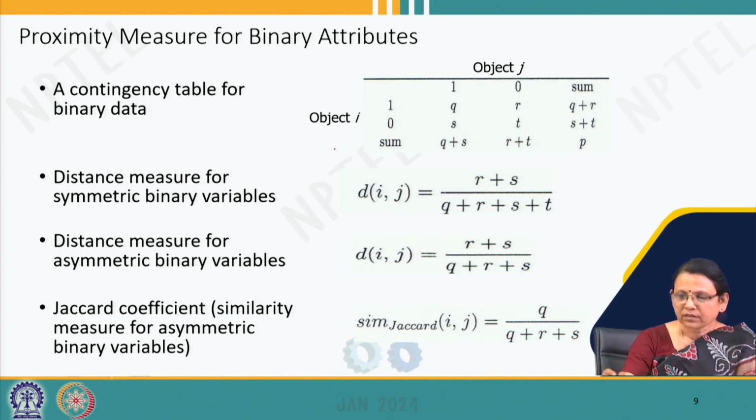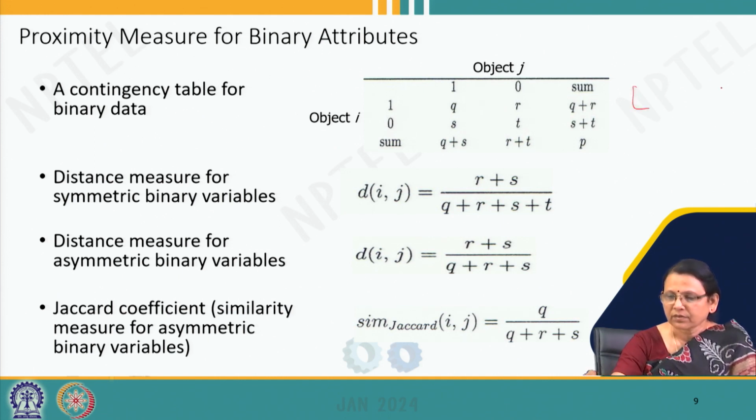Object 1 will have many binary values. This is object 1 and this is object 2. So, it will have values like 0, 1, 1, 0, 0, 0, 1, and this one will have values, let us say, 1, 1, 0, 0, 1, 1, 0.